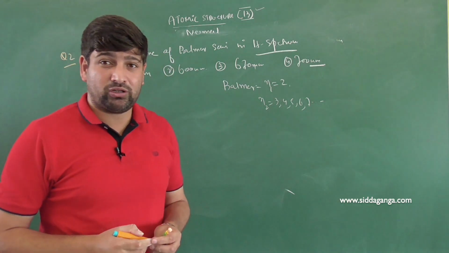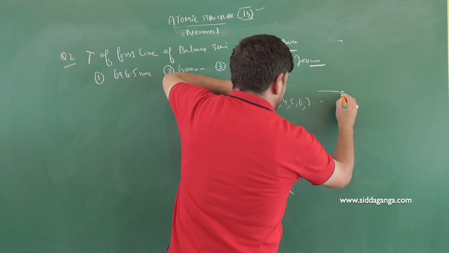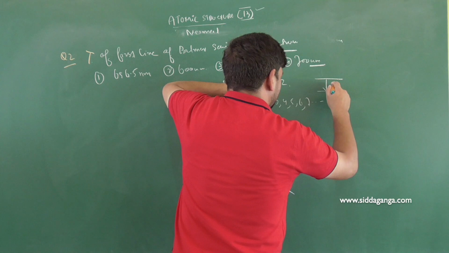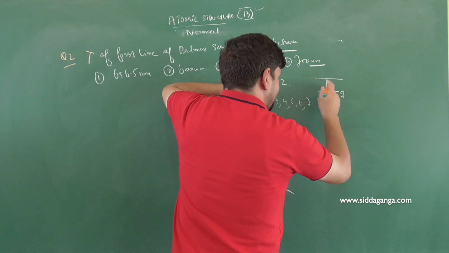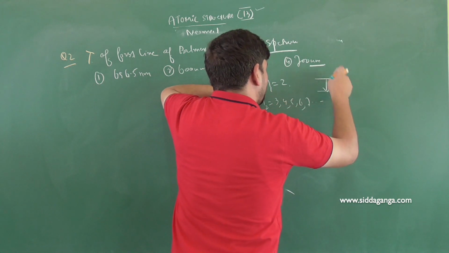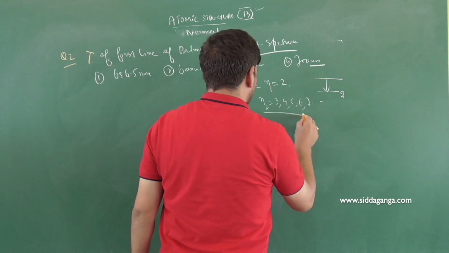Which line are we talking about? First line. What is meant by first line? When the electron comes from 3 to 2, this will be the first line. I said the first line is the least energetic line of any series, and the limiting line is the most energetic line, meaning the photons of the limiting line will be most highly energetic. So it is 3 to 2.